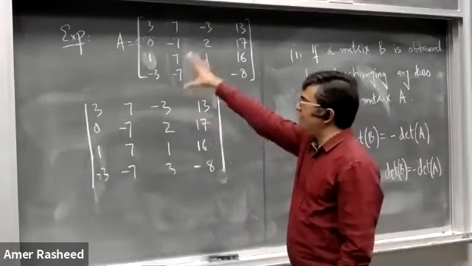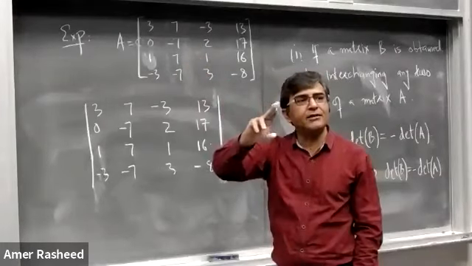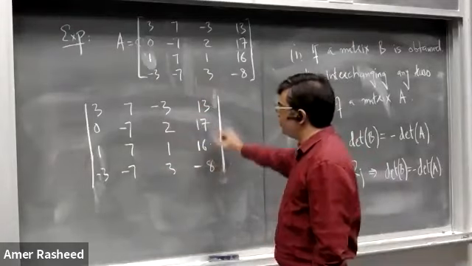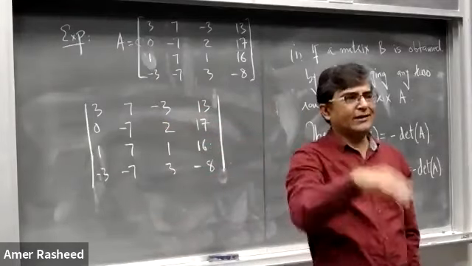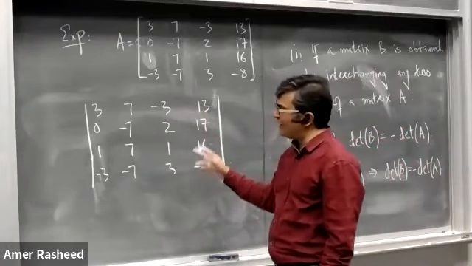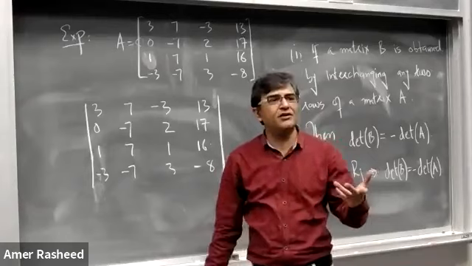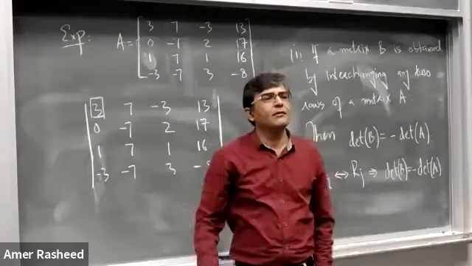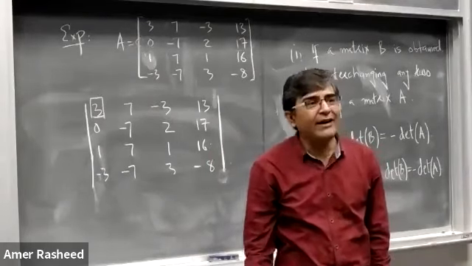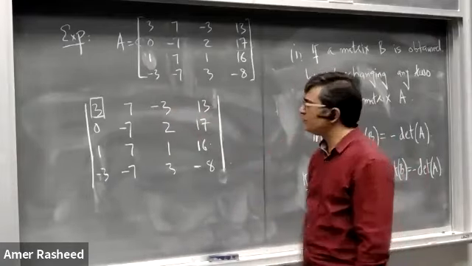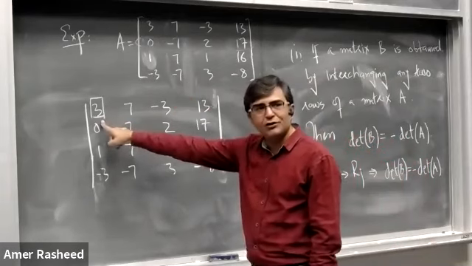In order to find the determinant using elementary row operations, I'm going to reduce this determinant into echelon form. The first thing is you make 1 here. So what operation do we need here?